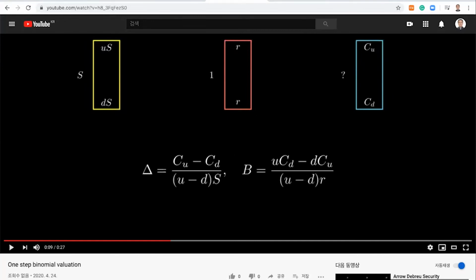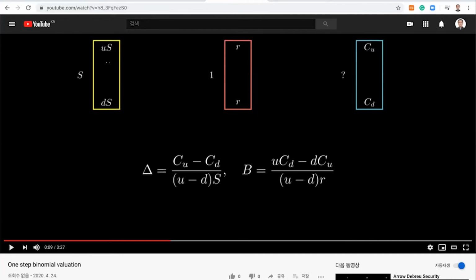And then how can I calculate this question mark? So remember that once we calculate the x1 and x2, in order to calculate the current price of the third game, we just multiply this value to the current price of the first game, and this value to the current price of the second game.